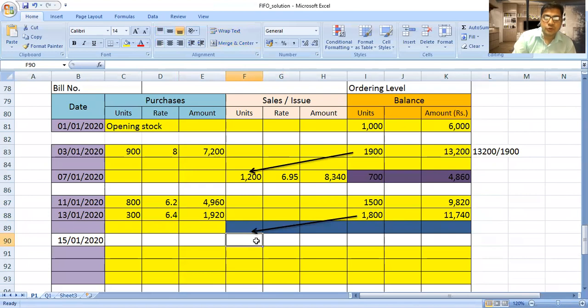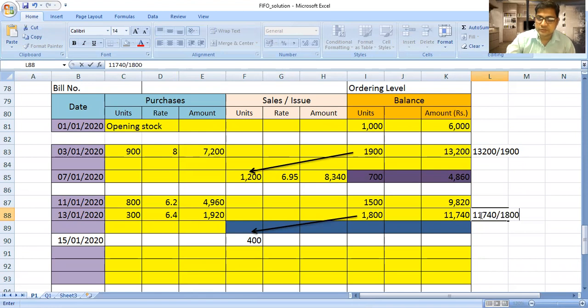Now friends, find out the rate: we have to consider the previous day's balances. For that purpose, 11,740 total value in rupees divided by total units.